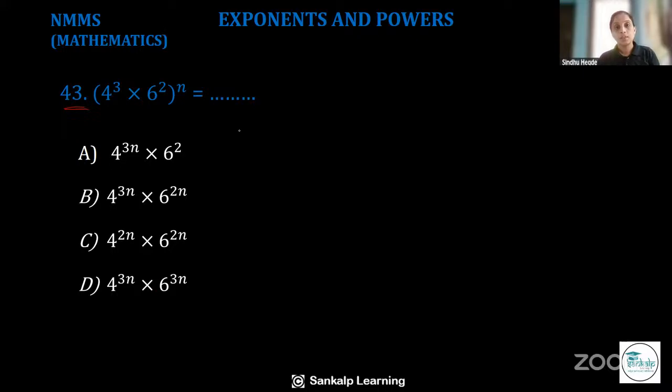Here, the given expression is 4 cube into 6 square whole to the power n. So, let me write it separately as 4 raised to 3 raised to n into 6 raised to 2 raised to n.